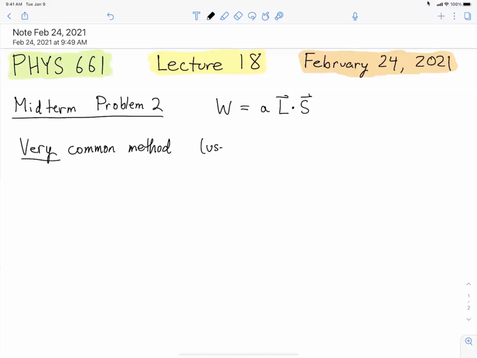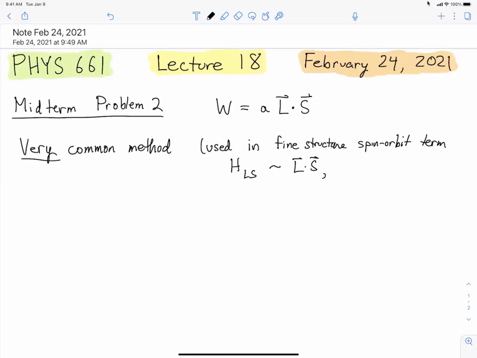We have seen this used, not in chronological order, but in order of importance, in the fine structure of the hydrogen atom, where it showed up as the spin-orbit term, which we called H_LS, and it was proportional to exactly L dot S.